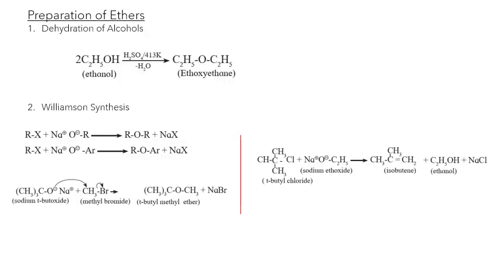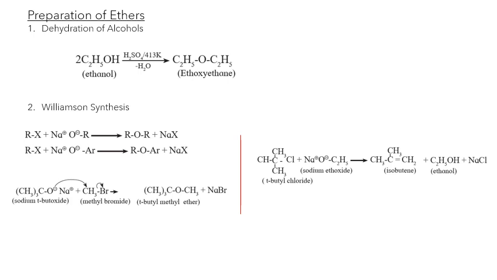Preparation of ethers. There are two preparation methods. First one, that is dehydration of alcohols. When alcohol is heated with a dehydrating agent like concentrated H2SO4 or H3PO4, two products, either an ether or an alkene, can form depending upon the temperature. For example, dehydration of ethanol by H2SO4 gives ethoxyethane at 413 Kelvin temperature, while ethene is formed at 443 Kelvin temperature.